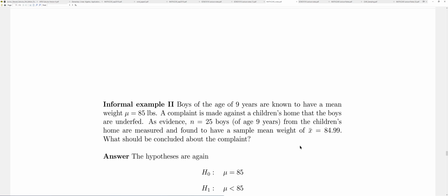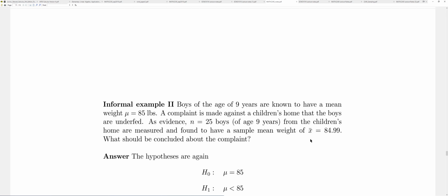Remember, this is a hypothesis, and it states that for the boys in the children's home, the mean weight is 85. You do an experiment, measure 25 boys, take the average weight, and you get 84.99. And 84.99 really supports that the actual population mean for boys of age 9 is in fact 85.